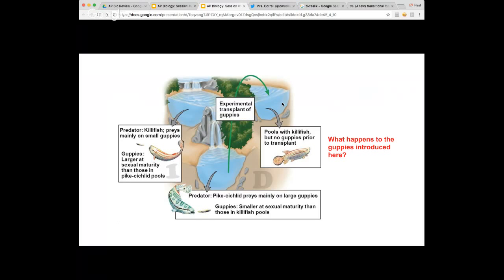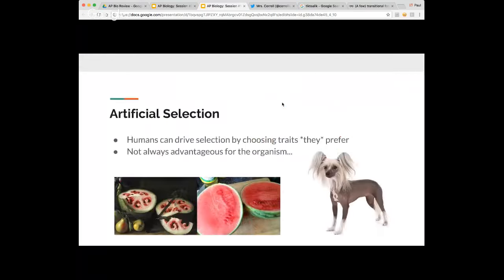All right, now, a term you'll see a lot is the term artificial selection. Artificial selection is when humans drive selection. We choose traits that we prefer. Well, it's not always advantageous for an organism as much as it's advantageous for us. Over here we have this watermelon. This is such a fun picture. This is an original watermelon.